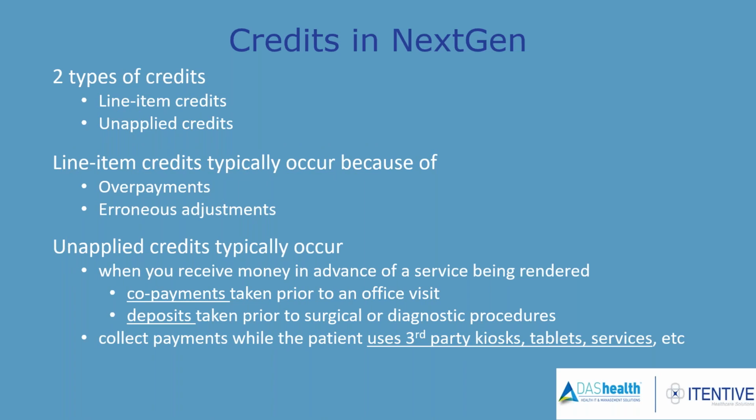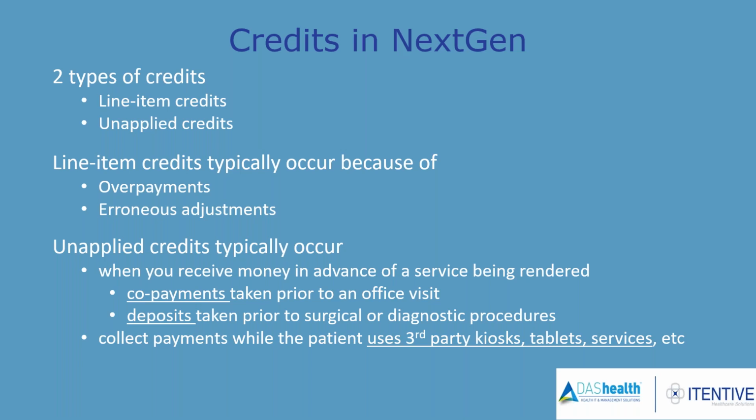Basically, there are two types of credits that we have to process, line item credits and unapplied credits. Line item credits typically occur because of overpayments or erroneous adjustments, and unapplied credits typically occur when you receive money in advance of a service being rendered, such as co-pays when you take them prior to an office visit, because there is no encounter for it to be applied against.